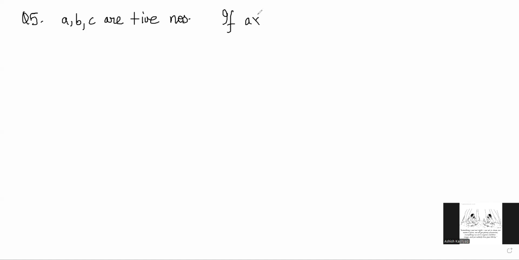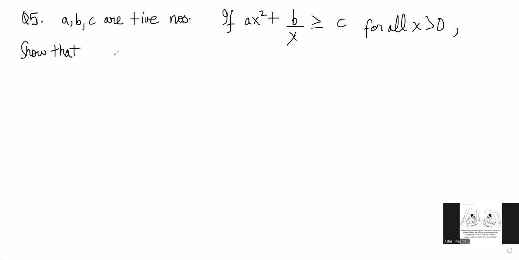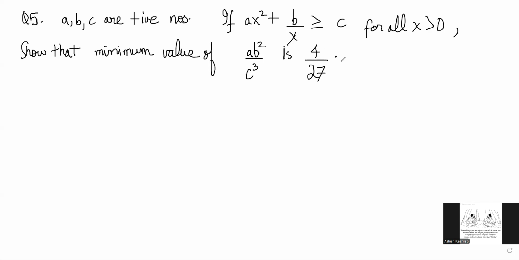If ax square plus b by x is greater than or equal to c for all x greater than 0, then show that the minimum value of a b square by c cube is 4 by 27.